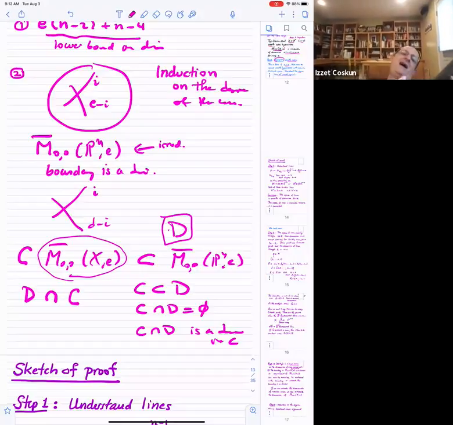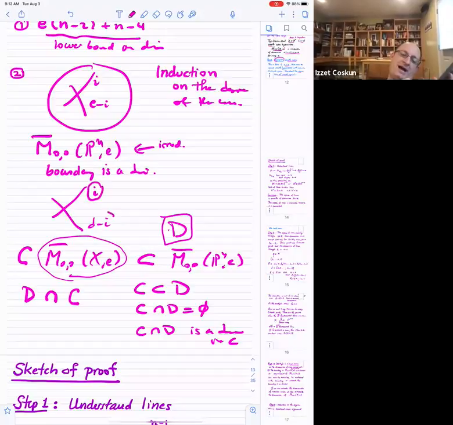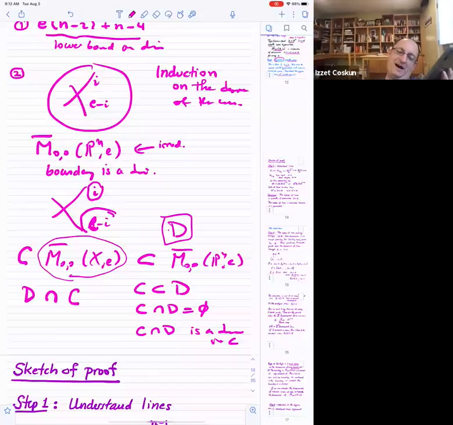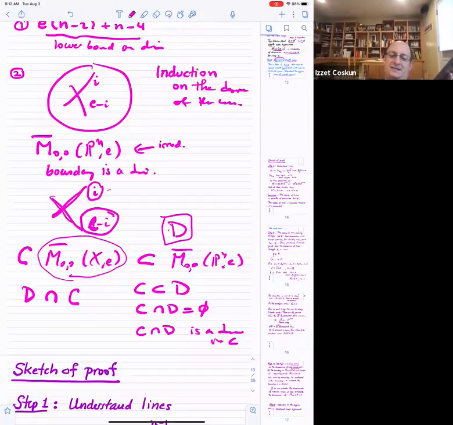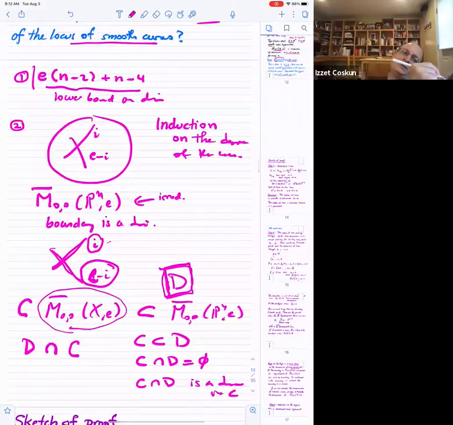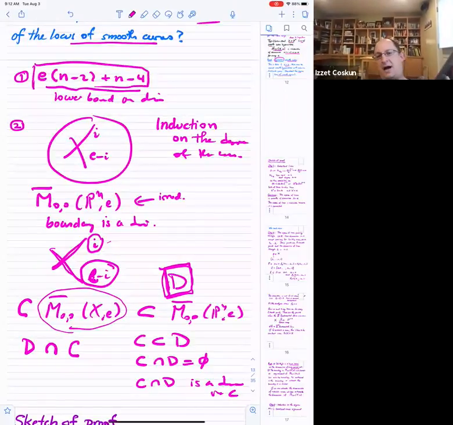Then the idea is that suppose that I know the space of rational curves of degree i and d minus i. I keep making this mistake, d minus i. Then I can say what's the dimension of this divisor. And if I can estimate the dimension of this divisor and show that it's one less than this, then I win.